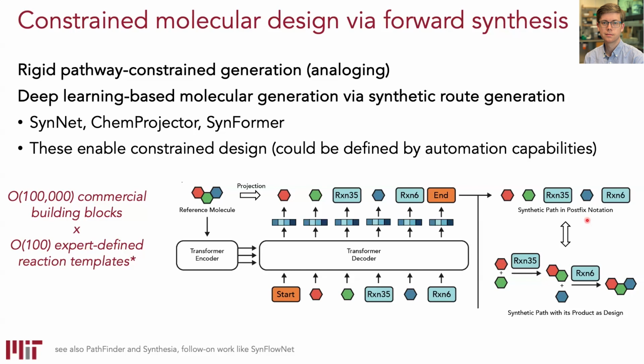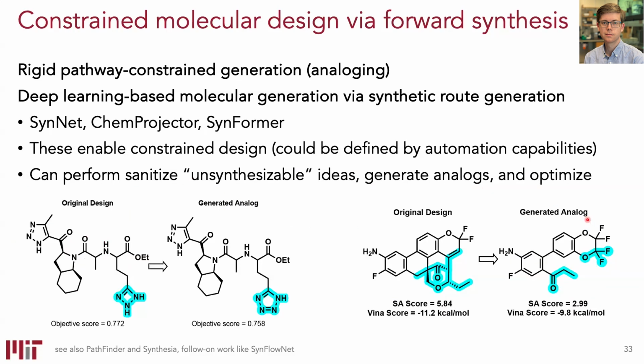And we will let the model generate hypothetical molecules by generating hypothetical synthetic pathways. The way that we use this model is we first train it on known molecules with known synthetic pathways. And then we can apply it to sanitize ideas that come from other sources that haven't quite thought about synthesis. We can take ideas from other generative models that may contain substructures that don't look quite right, or that might not be synthetically accessible according to our definition. We can clean them up.